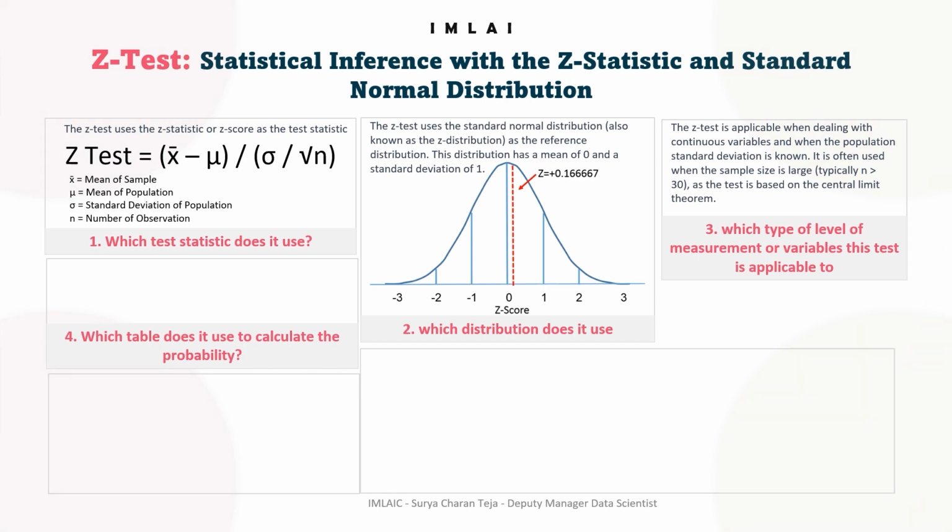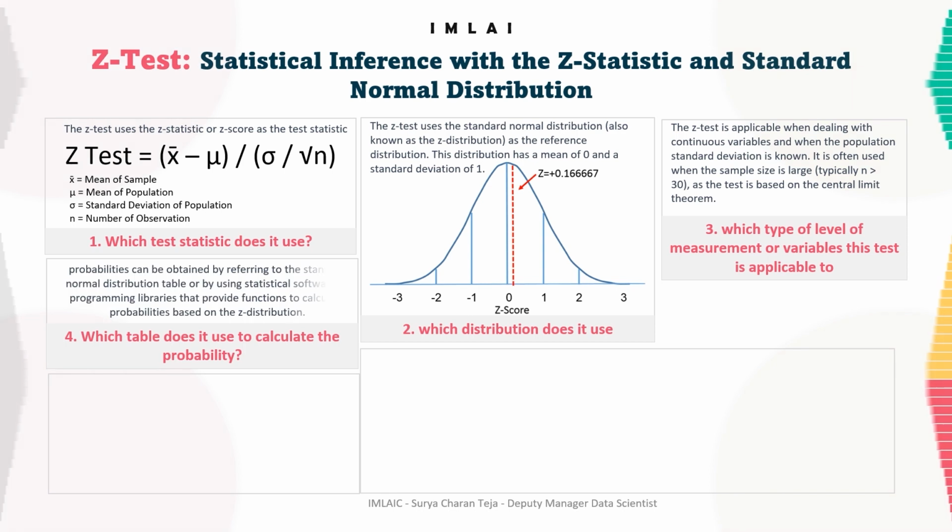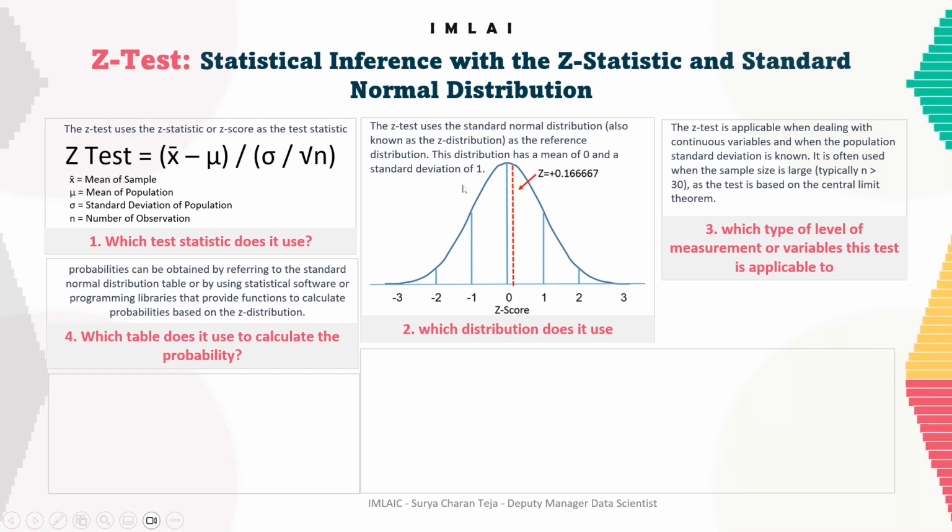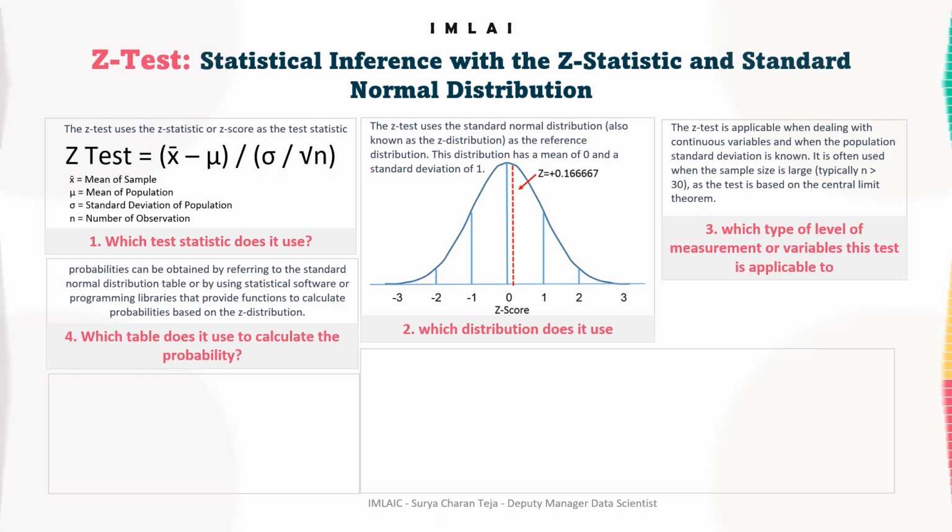Instead, probabilities can be obtained by referring to the standard normal distribution or z distribution table, or by using statistical software or programming libraries that provide functions to calculate the probabilities based on the z distribution.